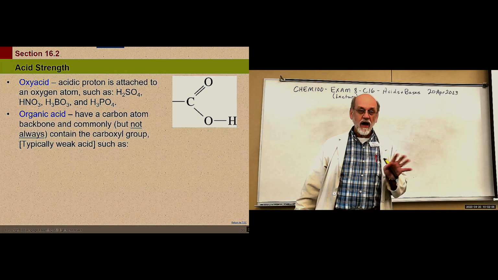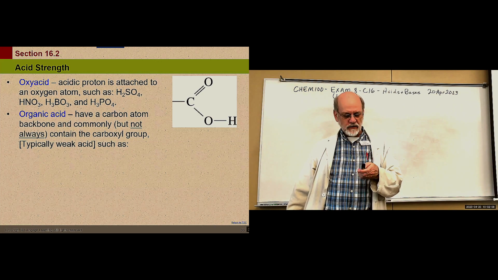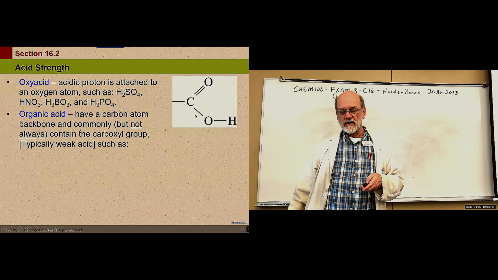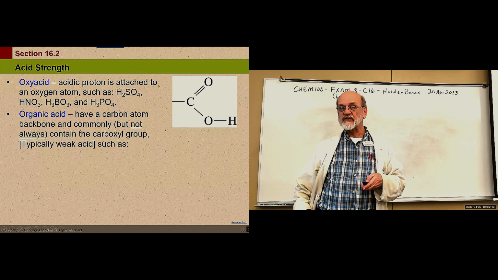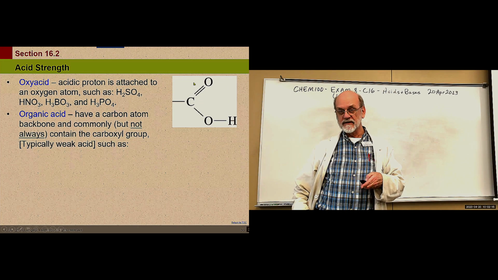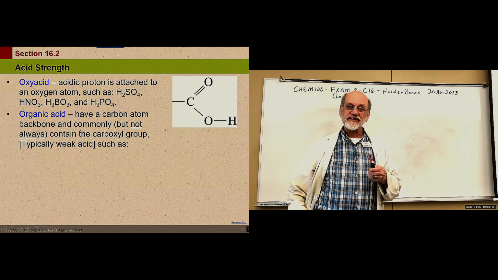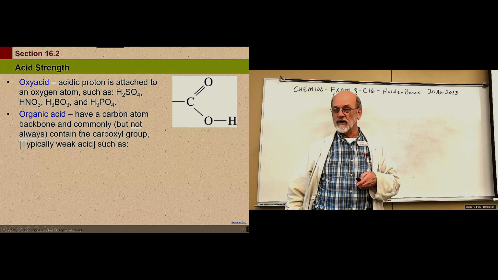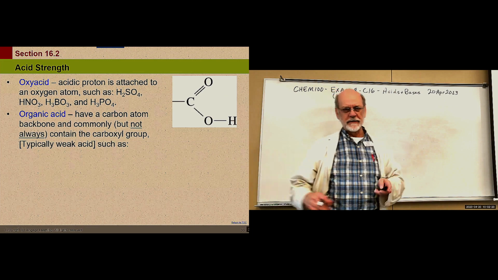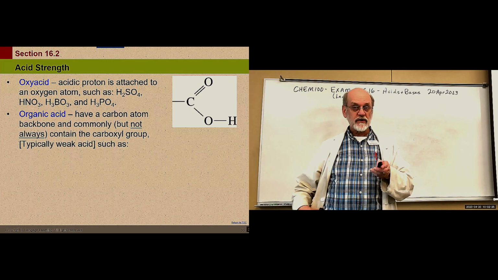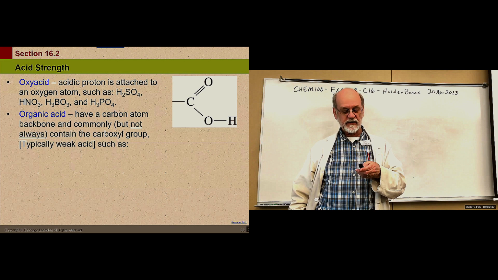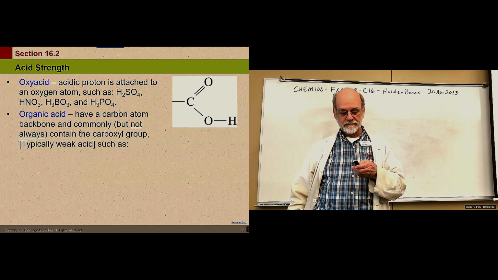And commonly, but not always, you will have this group here responsible for the acidic character. This is the carboxyl group, and they're called carboxylic acids. There are a whole host of them. They're not the only ones. And I'm going to show you one that's not a carboxylic acid, but it is organic.